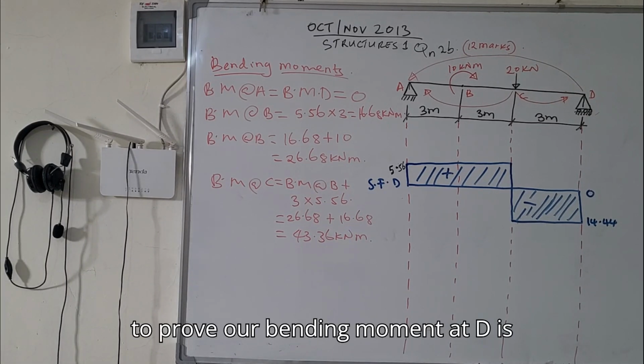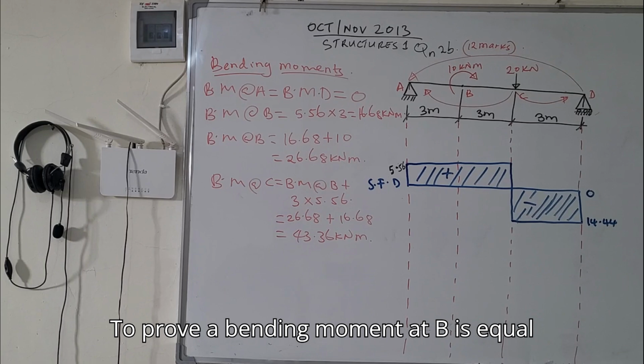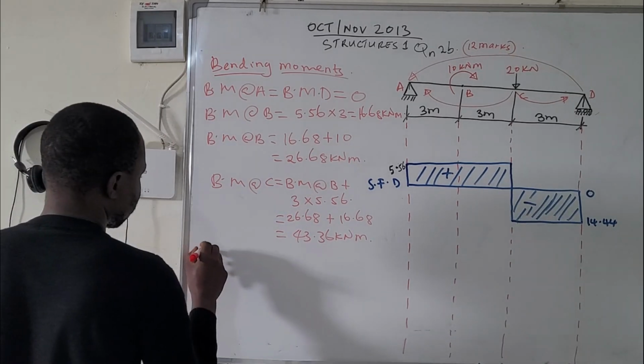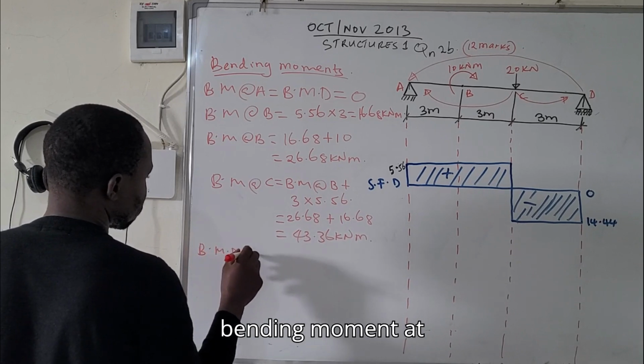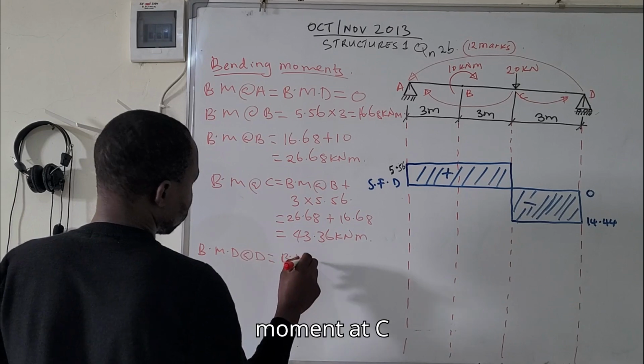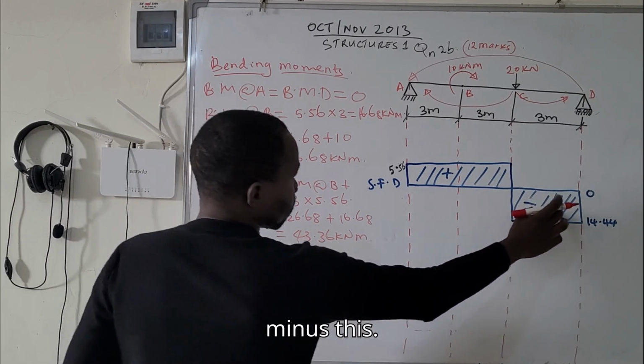To prove our bending moment at D is equal to 0, you can say that bending moment at D will be bending moment at C minus this.